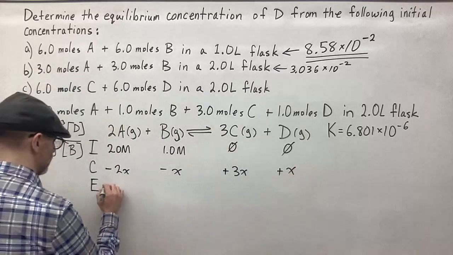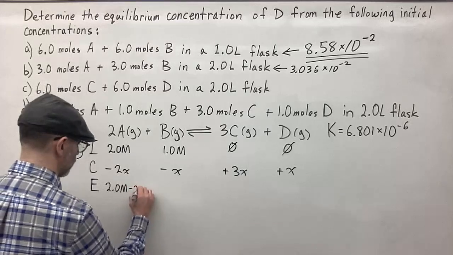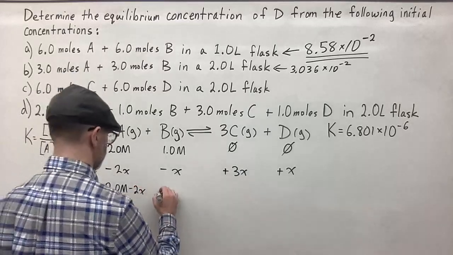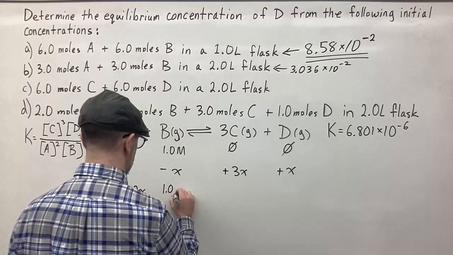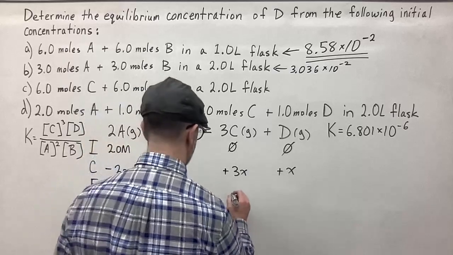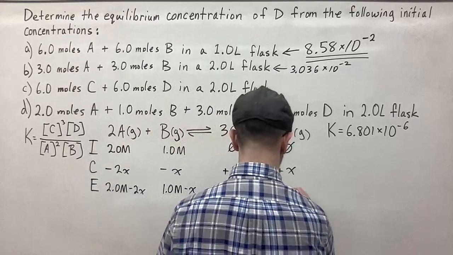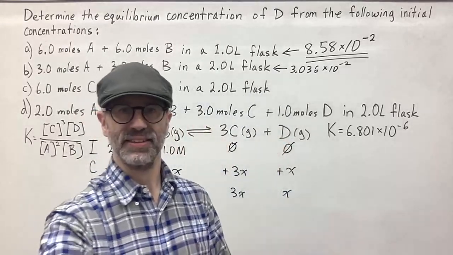And if we add these together, this is going to be 2.0 molar minus 2x. This is going to be 1.0 molar minus x. This is going to be 3x, and this is going to be x.